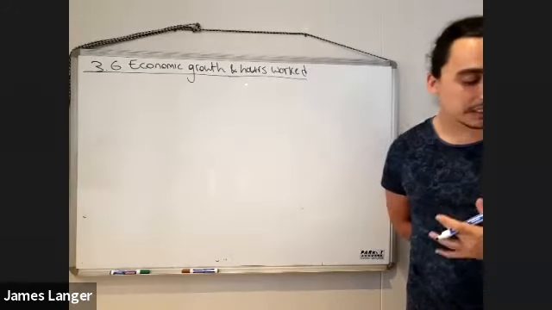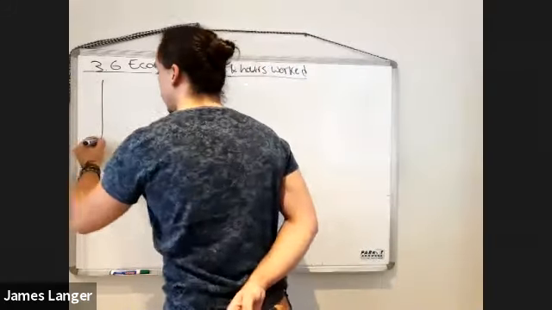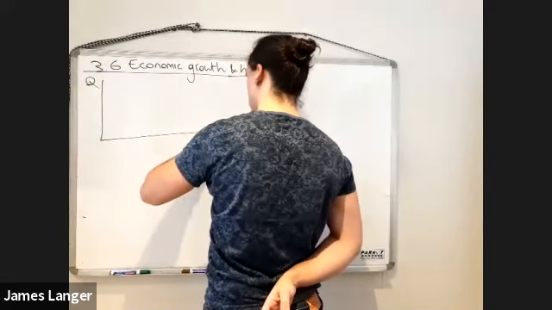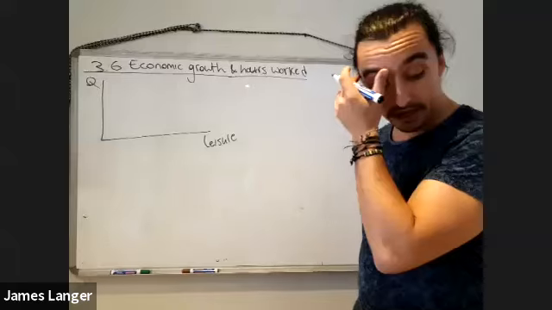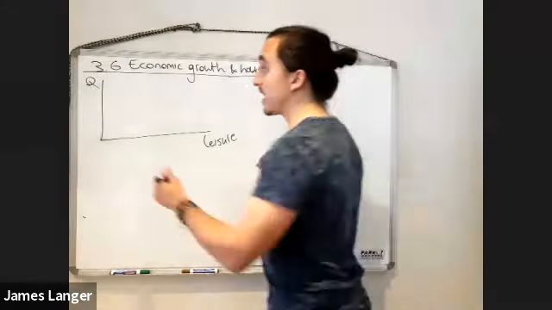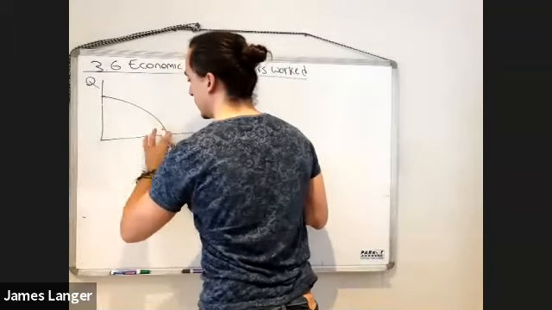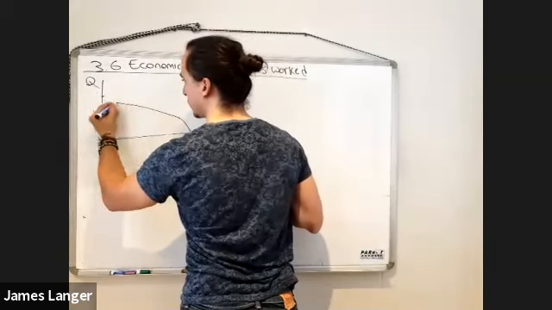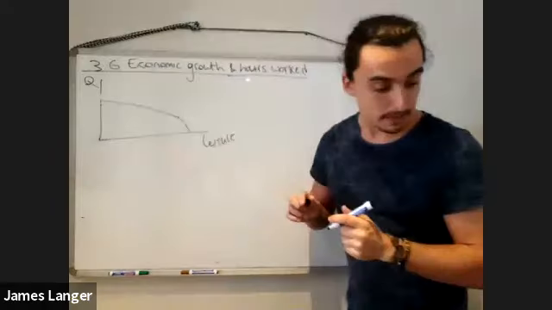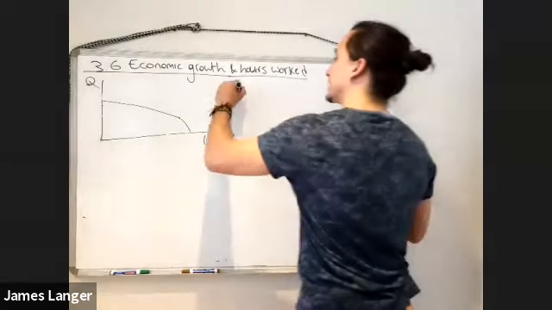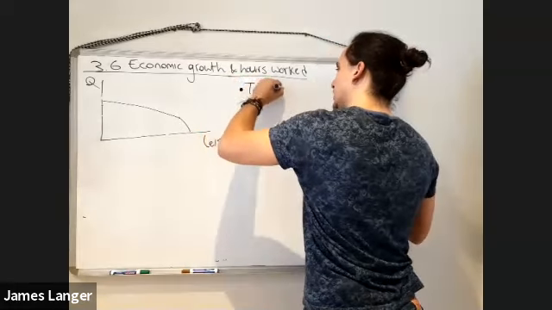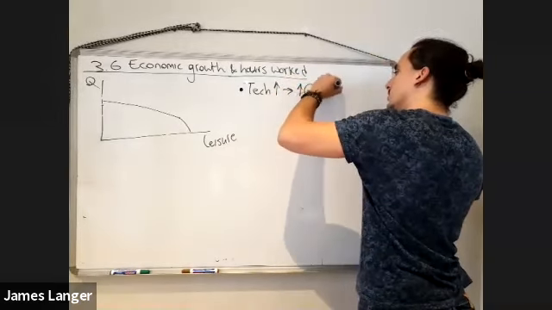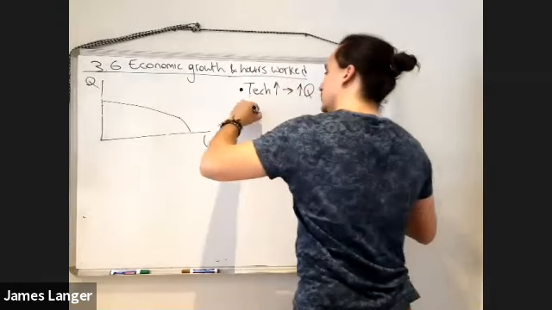So first of all, how could we see economic growth on the feasible frontier? If this is my output and this is my leisure, don't worry if I swap between consumption and output and leisure. What do you guys think? If I have economic growth, in other words, let's say there was an improvement in technology, so technology increases. What this means is that there's going to be an increase in the quantity produced at every point.